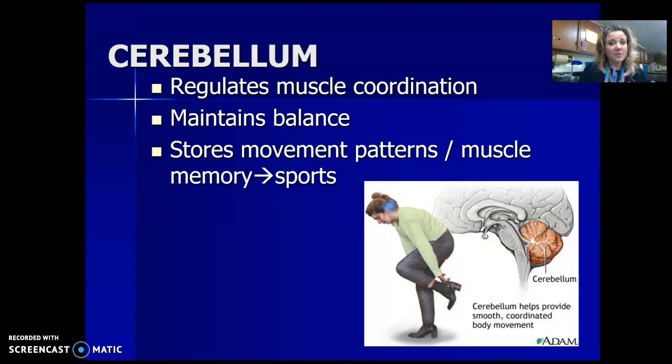So again, you can see that this complex function of movement really requires a large portion of our nervous system, receptors from all over, along with many different parts of the brain to ensure that our movements are smooth and appropriate. I also just wanted to make mention that the cerebellum is not a part of the brainstem. There's only 3 parts to the brainstem, and the cerebellum is not one of them.